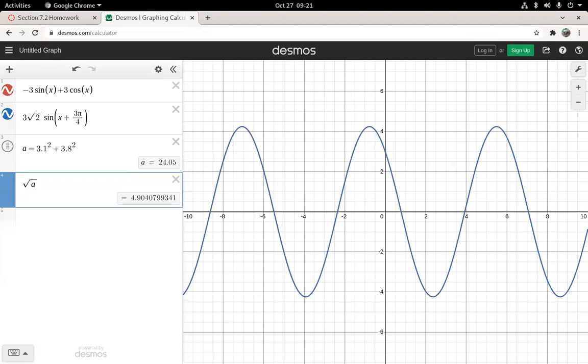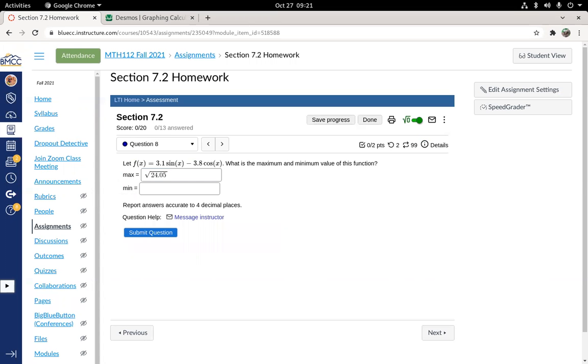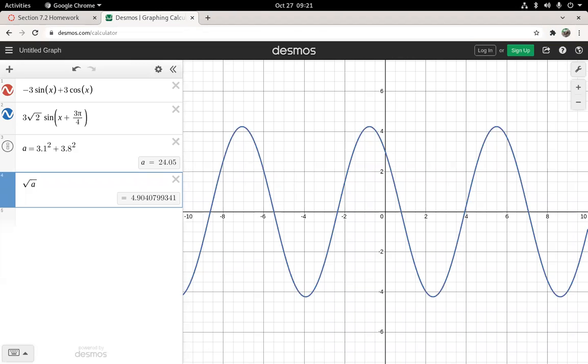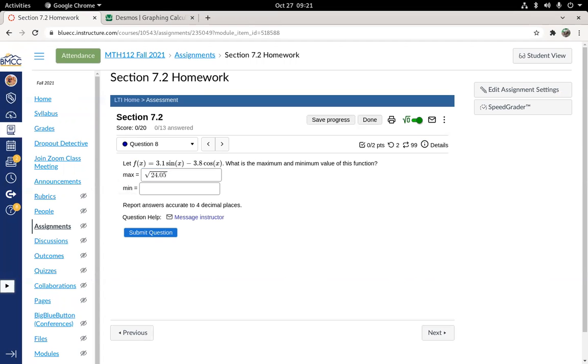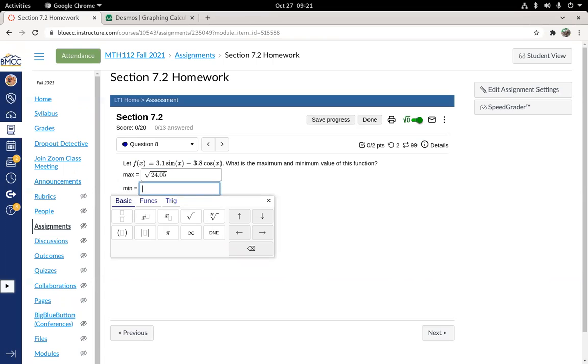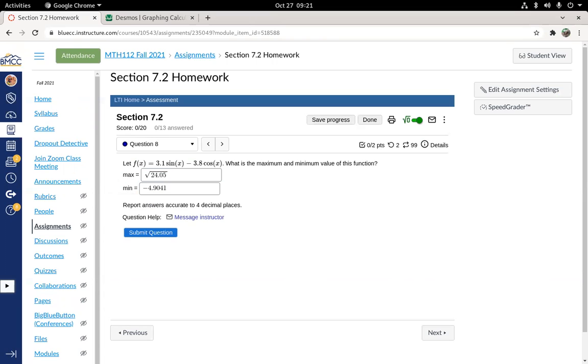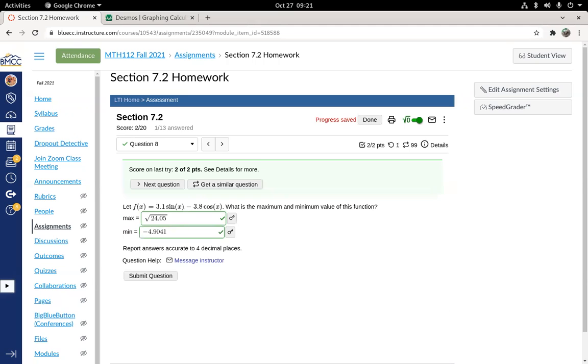And the decimal version was 4.9041 to 4 decimal places. What did it say? Accurate to 4 decimal places. Yeah, so I go 4.9041, but for the min it's negative 4.9041, and the decimal version, or the exact answer, should be acceptable there. Nice.